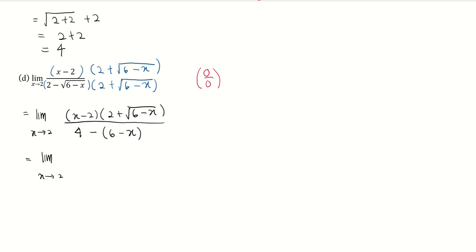If we haven't substituted the limit yet, we need to write down the limit. If we open the bracket, it becomes 4 minus 6 plus x, which simplifies to x minus 2. So the numerator is (x minus 2) times (2 plus square root of 6 minus x), and we can eliminate x minus 2.